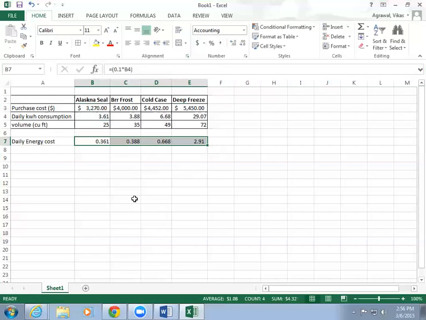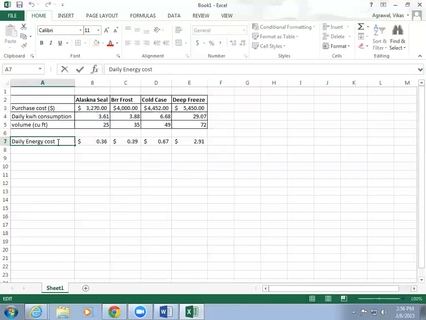Okay, I'm going to make that into dollars. So I have this daily energy consumption cost in terms of dollars. I always want to make the unit very obvious, so I'm going to put the dollar symbol there. Now daily purchase cost in terms of dollars.